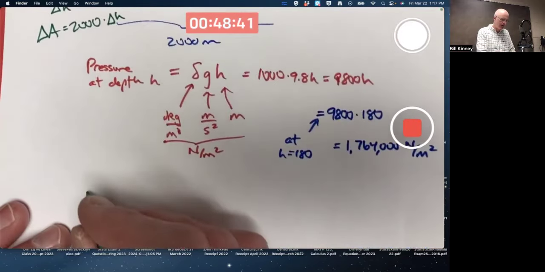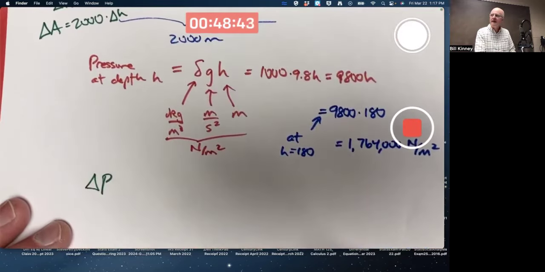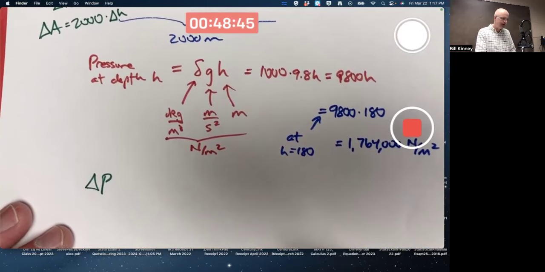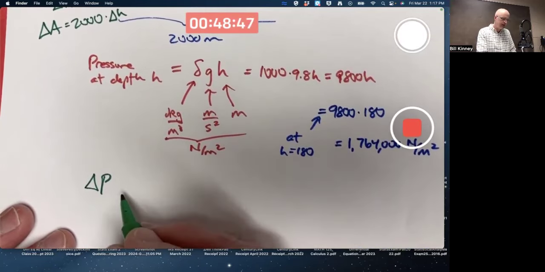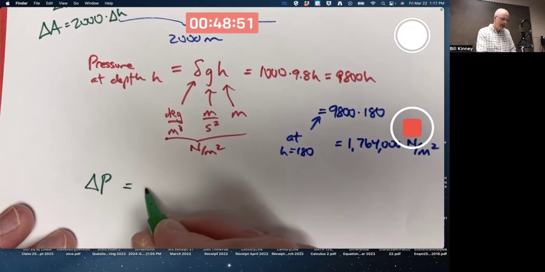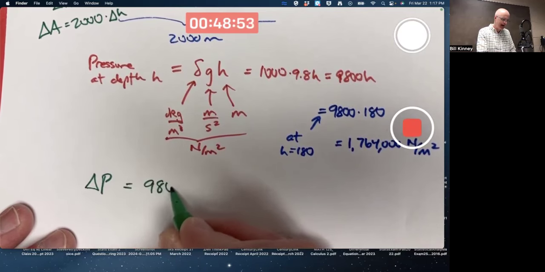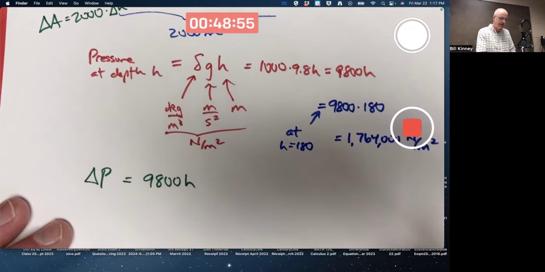So the small amount of force, delta F, on that thin strip should be the force per unit area at that depth H times the area. That's in newtons per square meter.